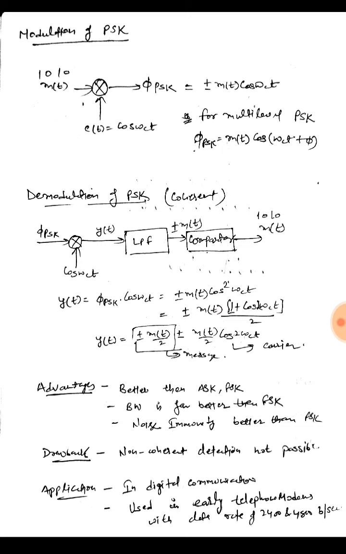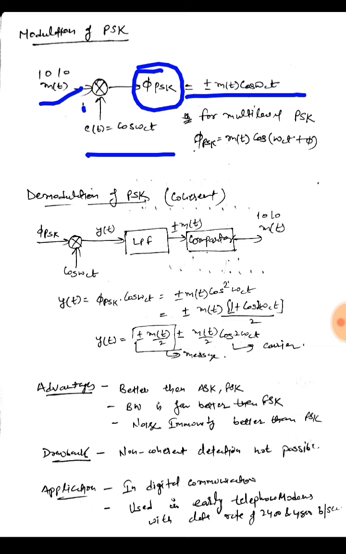In this we would use the message signal and the carrier signal and multiply them to get the PSK signal. So we would get plus minus m(t) cos omega_c t. If it is 1, then we will get plus m(t) cos omega_c t, and if it is 0 we would get minus cos omega_c t, that is 180 degree phase shift.